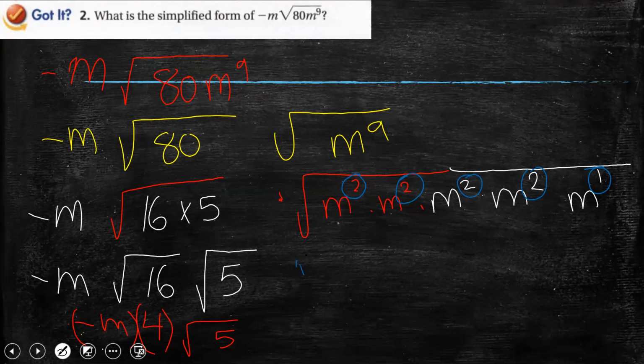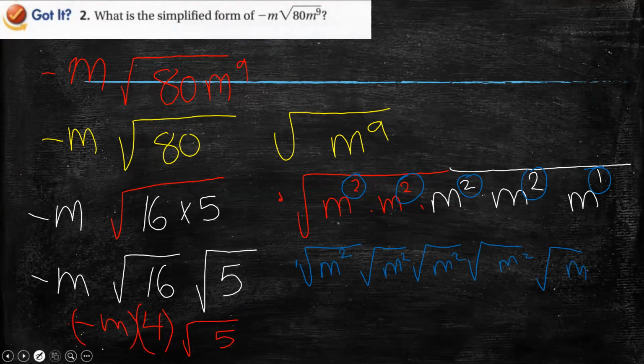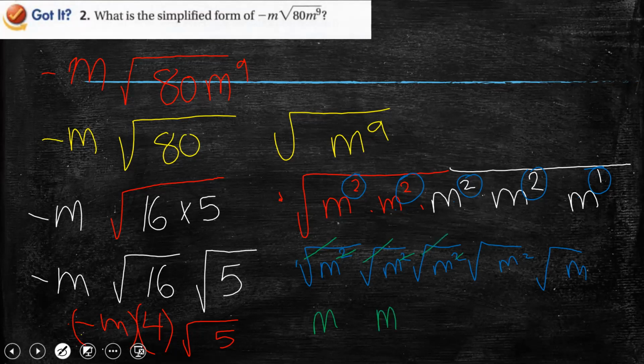Then let's now distribute them. Since we have 5 variables, I have to write 5 square roots. Then the square cancels the square root for each m squared, and for the last one there's nothing to cancel, so keep it as square root of m.